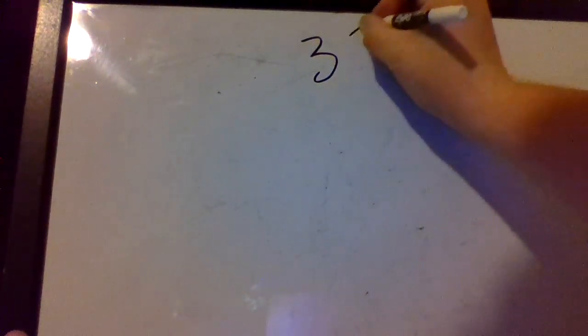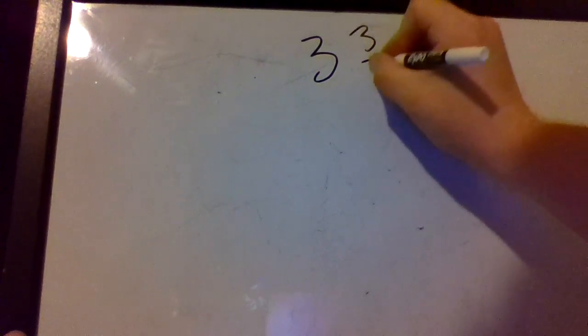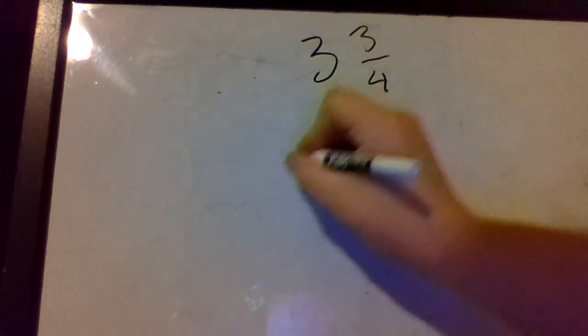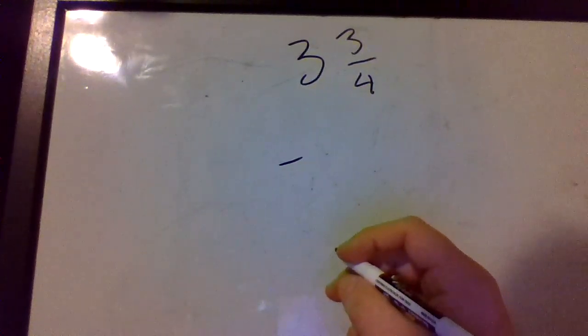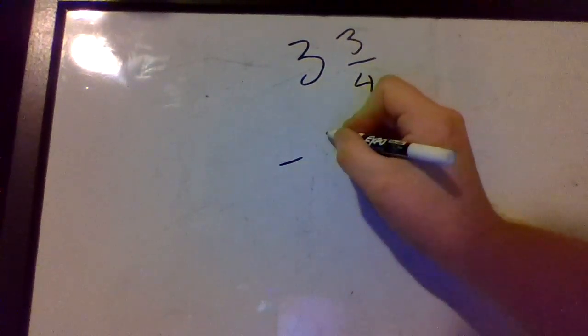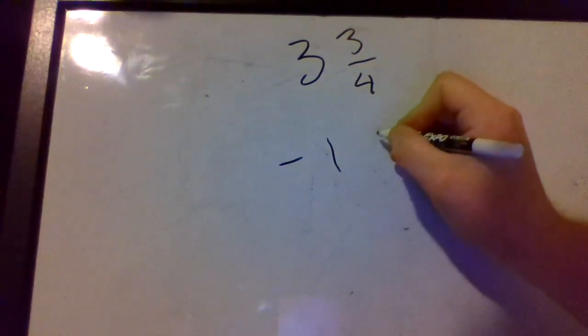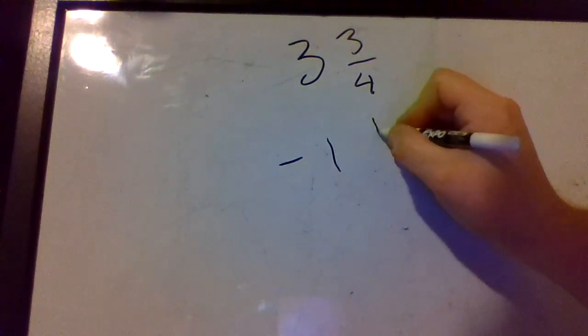All right. So we're gonna come up with two mixed numbers. 3 and 3/4 minus 1 and 1/2.